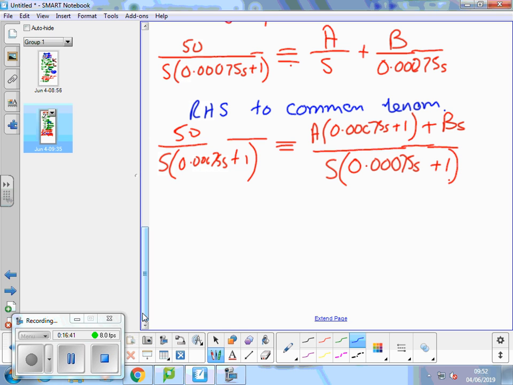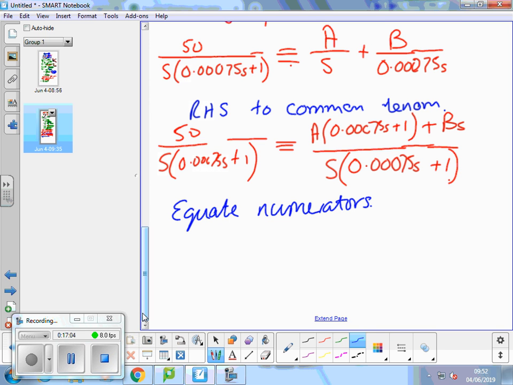Yeah, so what are you doing then? Just so everybody understands the process, what's the term for what you're doing there? It's called equating the numerators.